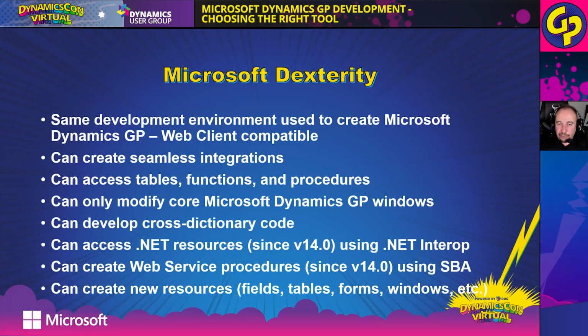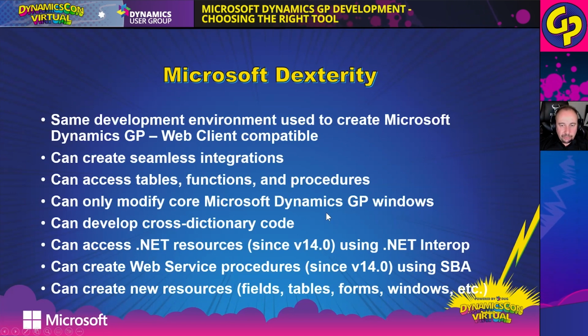You can develop cross-dictionary code, so you can write code that talks to third parties, but you can't actually modify their windows with Dexterity. You've got the ability with the .NET Interop to use any .NET resources, and we can also create service-based architecture web service calls if you want. And then we've got obviously the ability to create anything new, resources, any fields, tables, anything we need in Dexterity.